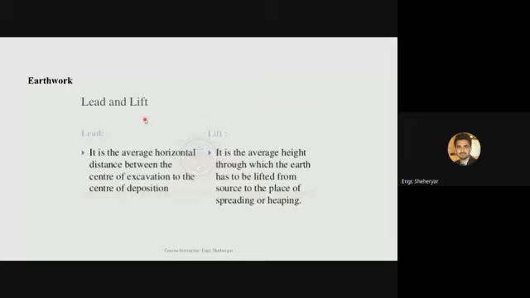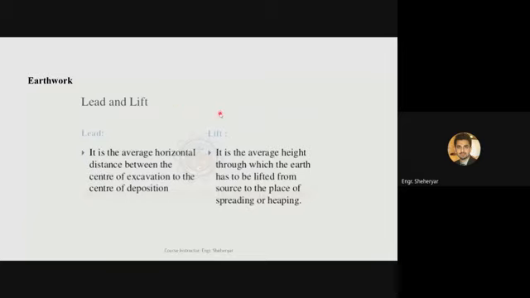Let's say you're excavating soil for construction of a road. You're picking the soil from this point and depositing it here, then coming back towards this excavation point, then excavating the soil and going to this point and depositing the soil. So the average distance between these 2 points is basically called lead, horizontal distance.